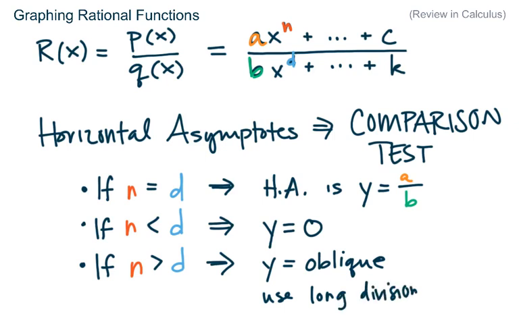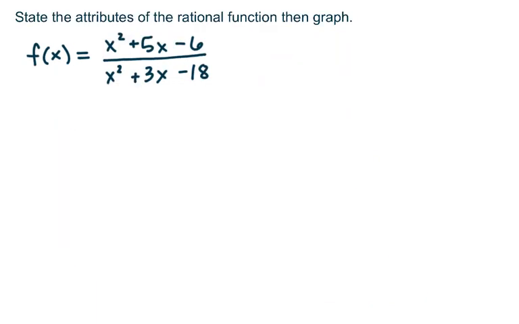All right, so let's do one example. So here we're given a rational function. It's a ratio of two quadratic polynomials. We have x squared in the numerator and x squared in the denominator. And we need to list the attributes, and then we're going to graph this rational function. Of course, you have your graphing calculator handy.